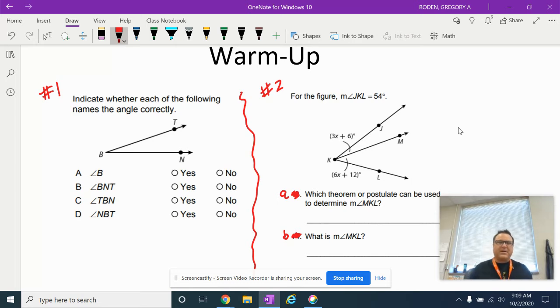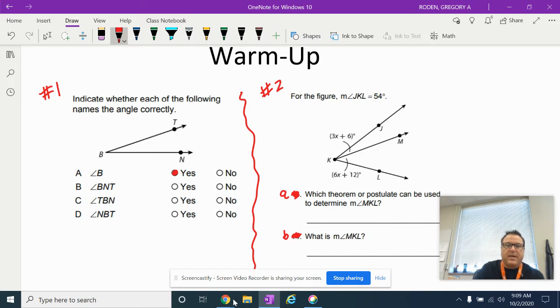Welcome back. All right, hopefully you paused it and hopefully you got them right. So indicate whether each of the following names the angle correctly. Does angle B, is that correct? Well, yes. Angle B is right there, so this would be absolutely a yes. Angle BNT.